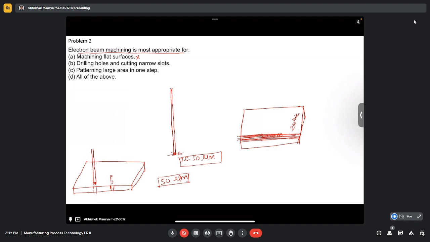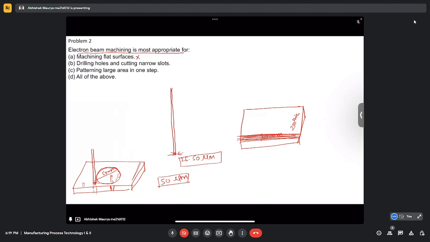In that case, this beam will travel to the diameter of 50 and that's how this material gets removed. But creating such a big hole with the electron beam is not economical. Therefore, it is mostly used for creating narrower holes or narrower patterns or very narrow machining.